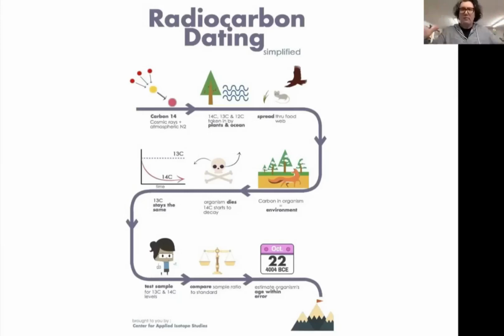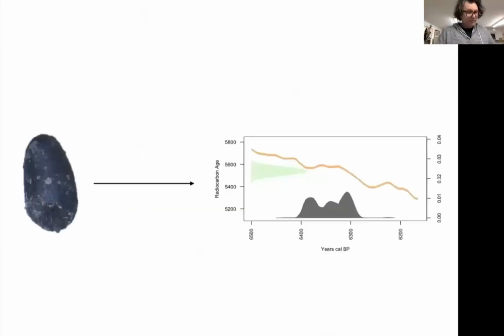Radiocarbon dates are our main source of information, but dates are traditionally used to date single events, contexts, sites. Of course, it's never just a date, just a number. It's a probability distribution, and it dates the end of the metabolism of an organic thing, plant, animal, and so on.